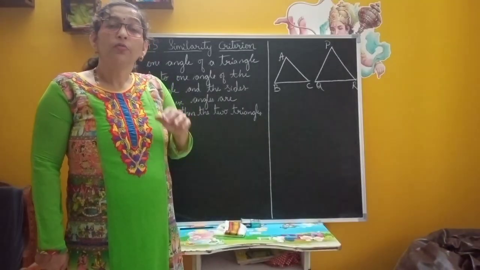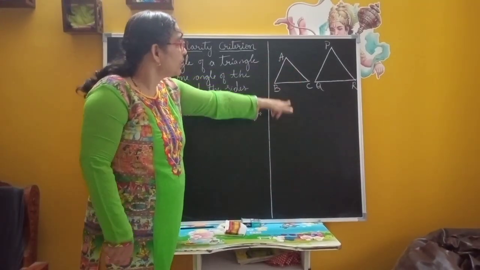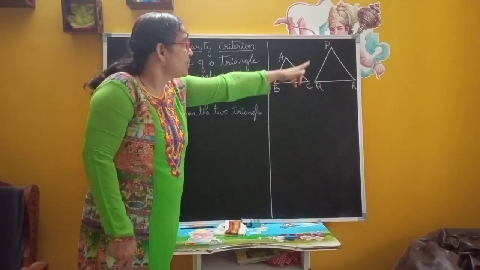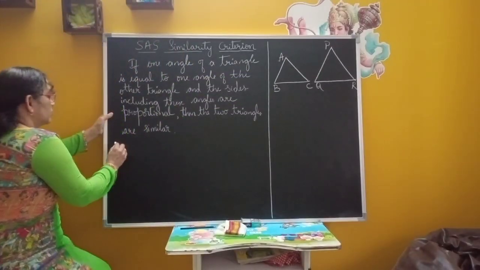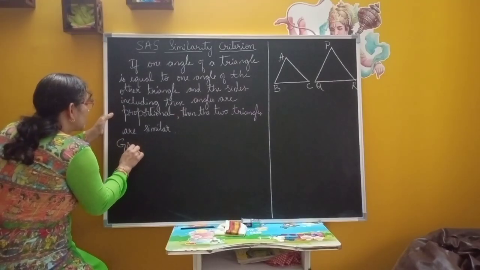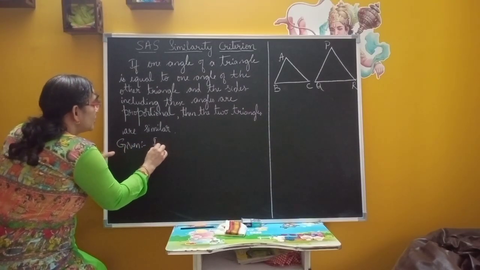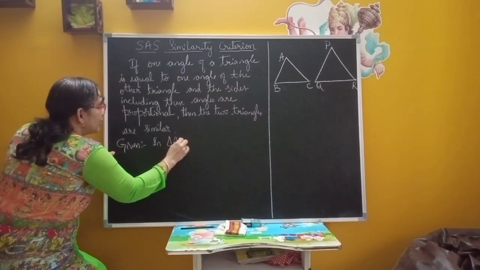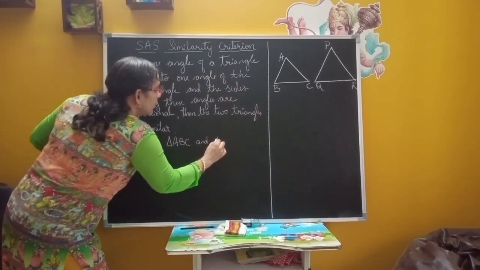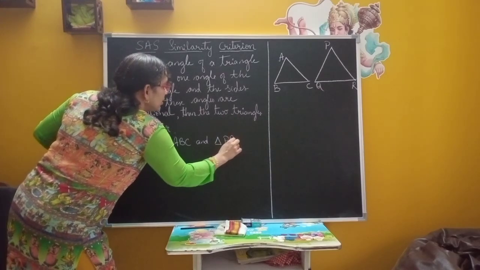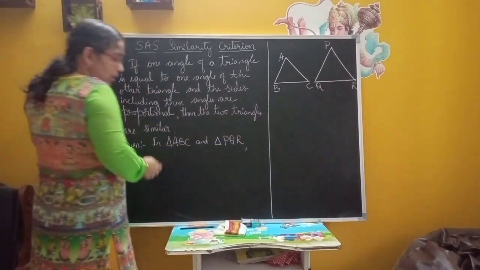So I don't waste more time on that now. Let us write what is given. What is given here? ABC and PQR are two triangles. Given part: in triangle ABC and triangle PQR, let us take one pair of angles.